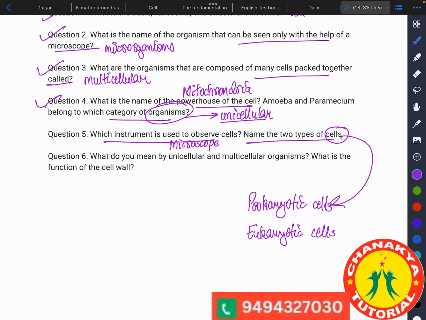In terms of organism, we always categorize it as unicellular and multicellular. Multicellular contains multiple cells, unicellular contains a single cell.